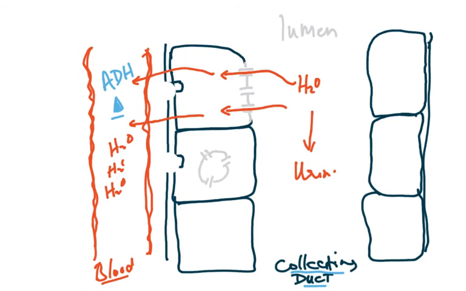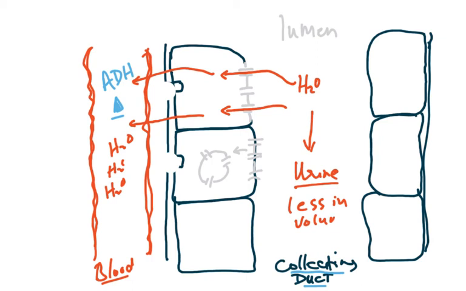The channel proteins which were first attached here will move back into the cell and wait again for when the ADH is produced. So this, we say, alters the permeability of the collecting duct, and more water is absorbed and less water would be passed out in the urine. So urine will be less in volume.